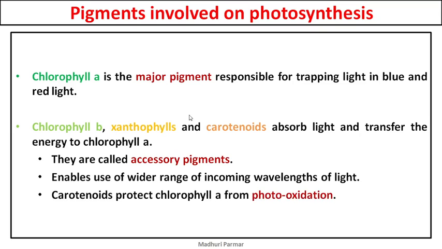Carotenoids, one more thing that they do is they protect the chlorophyll from photooxidation. Oxidative damage is repaired or avoided by carotenoids. This is also the reason why anti-aging creams or anti-aging medications will always have vitamin A or retinol. Retinol is its scientific term. Such medicines or creams have retinol.